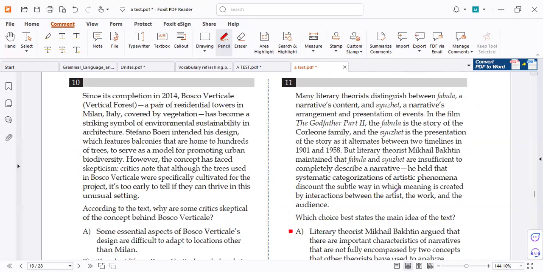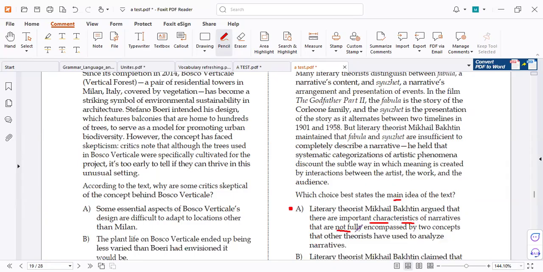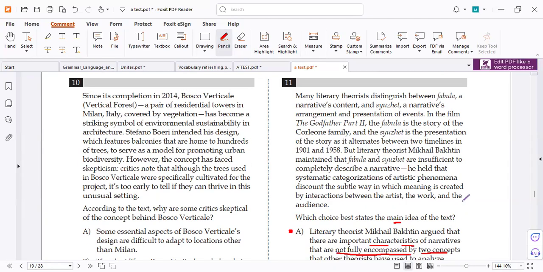Why? The main idea. What is most explained? There are important characteristics of narratives that are not fully included by two concepts. That means there are many features people do not include. How did you know? He said here, when you find the but in your reading, stop on the idea after.